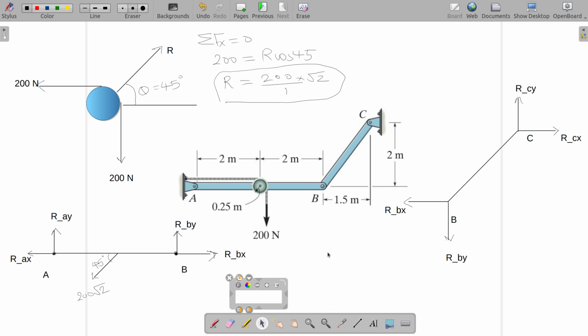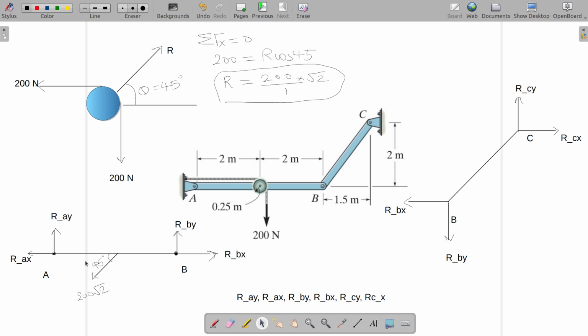So unknowns are RAY, RAX, RBY, RBX, RCY, RCX. So how many unknowns do we have here? 1, 2, 3, 4, 5, 6 unknowns.